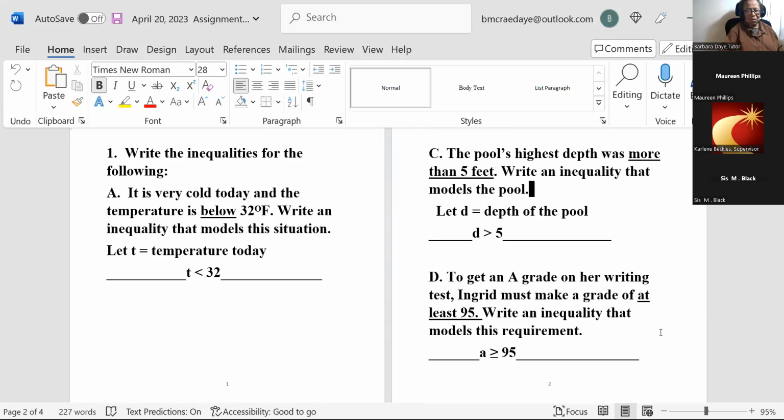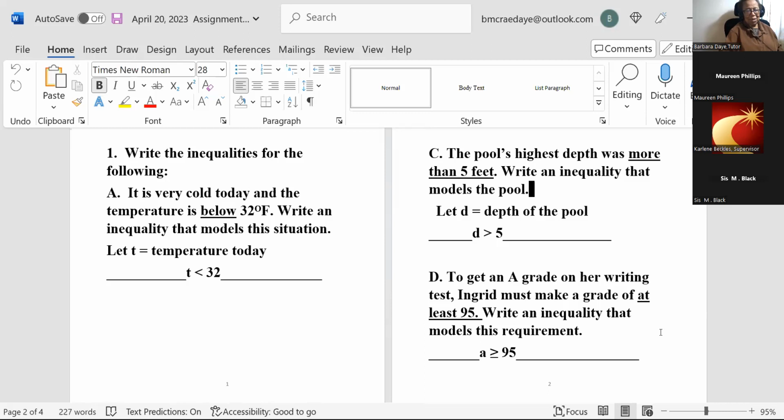So what does at least 95 mean? At least means she cannot get less than 95? No, I want you to give me an inequality: greater than or equal, less than or equal, greater than, or less than. Which one of those inequalities means at least?